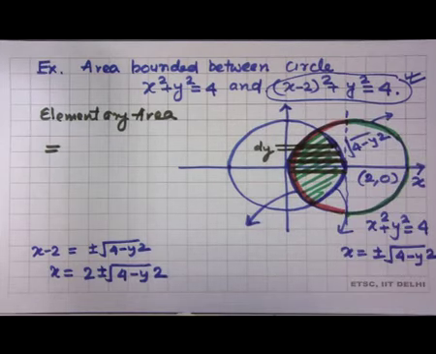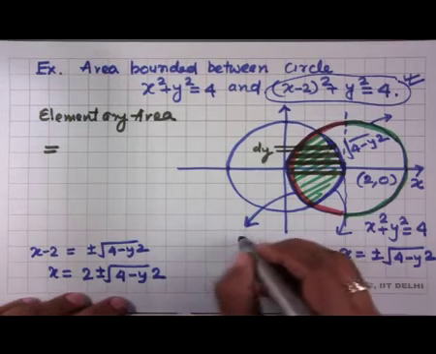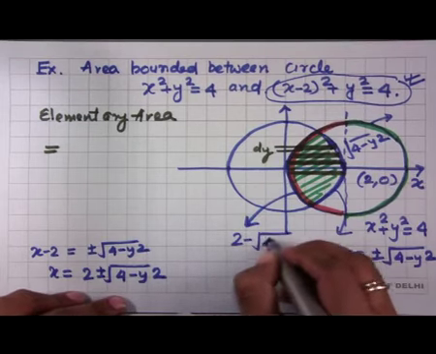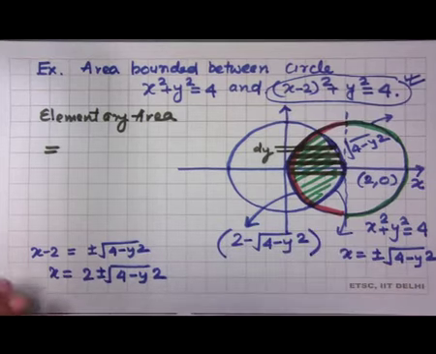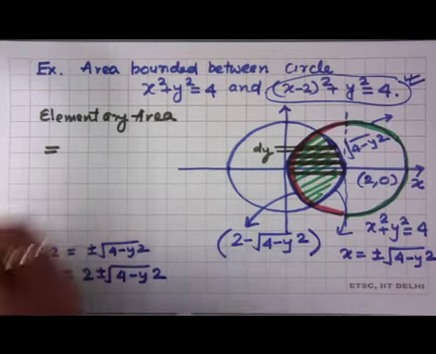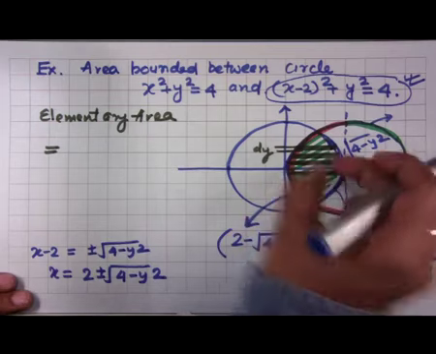So, the equation of this red portion is 2 minus under root 4 minus y square. Therefore, the elementary area is this minus this into dy.